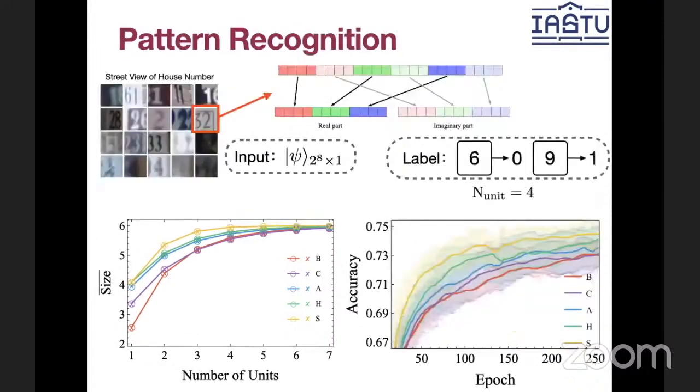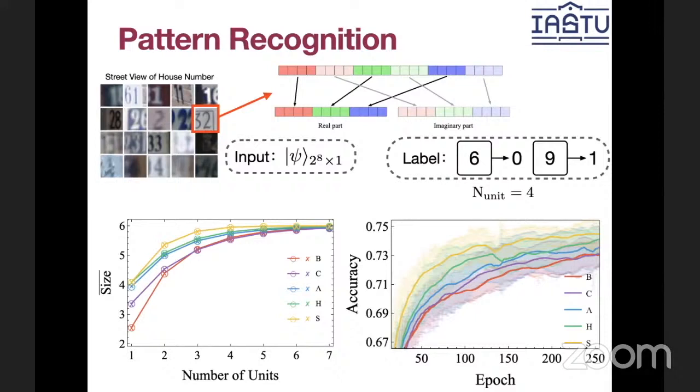We also saw similar phenomena in a classical pattern recognition task. Here we use this quantum neural network to classify street view house number images. First, we encode this three-channel RGB image into a quantum wave function, and the sign of the measurement represents two different classes. The positive sign represents the number 9, and the negative sign represents the number 6.